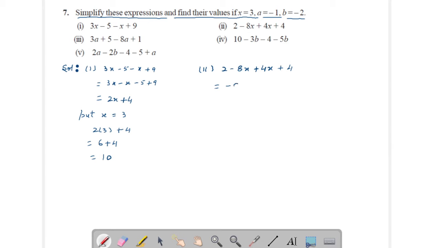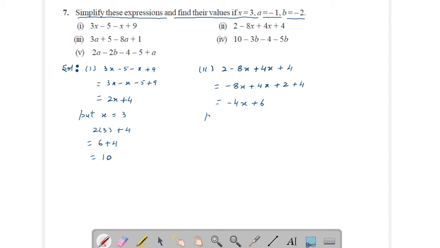Minus 8x plus 4x plus 2 plus 4. Minus 8x plus 4x, you will get minus 4x, plus 2 plus 4, it is 6.